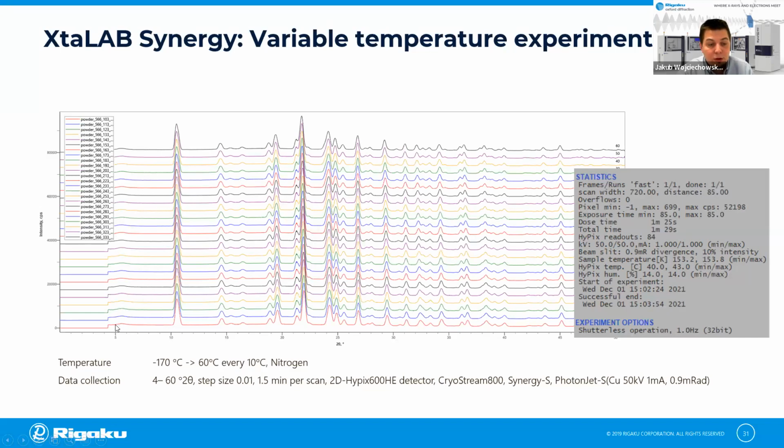You can see a small Kapton bump on the Mini, so you can see how sensitive the detector is. You can even spot the Kapton bump, and you can see that the pattern remains stable for the whole range of minus 170 degrees Celsius to 60. Of course, nitrogen was used as an atmosphere for this experiment.